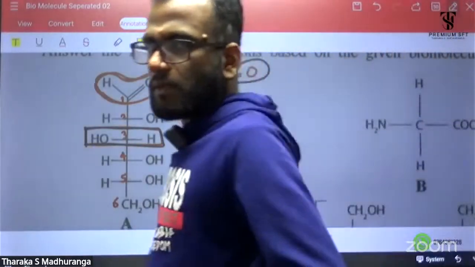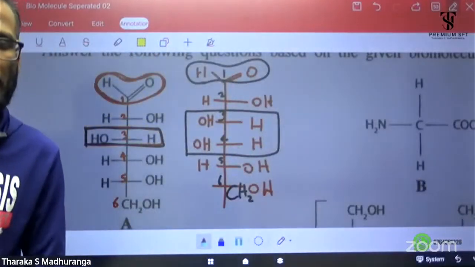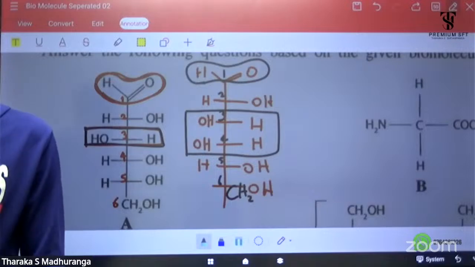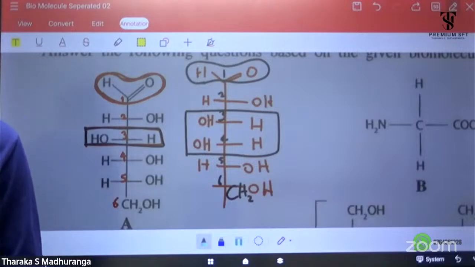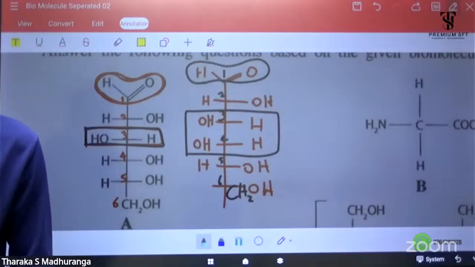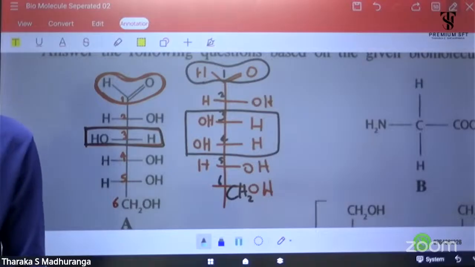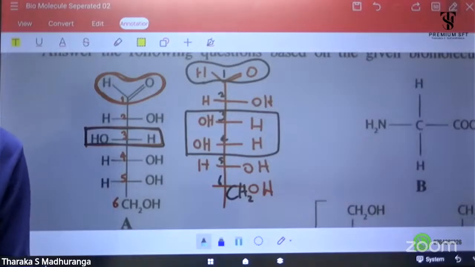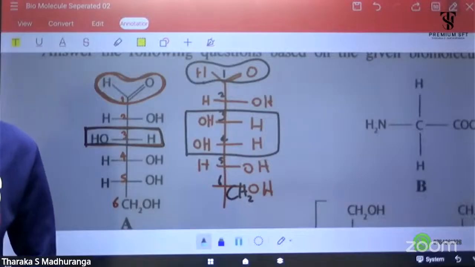Remember. Any doubt about this part? Clear or not?